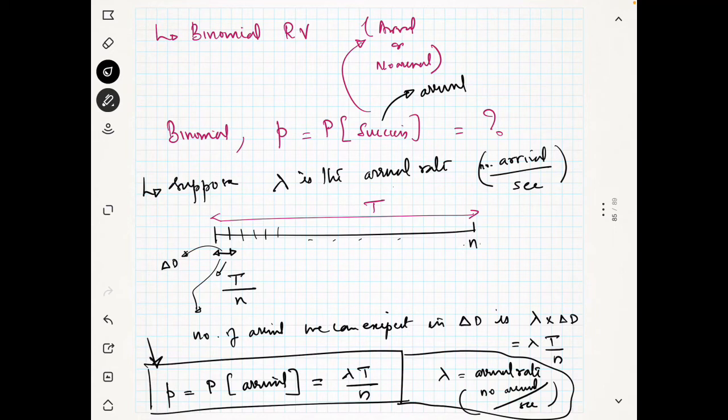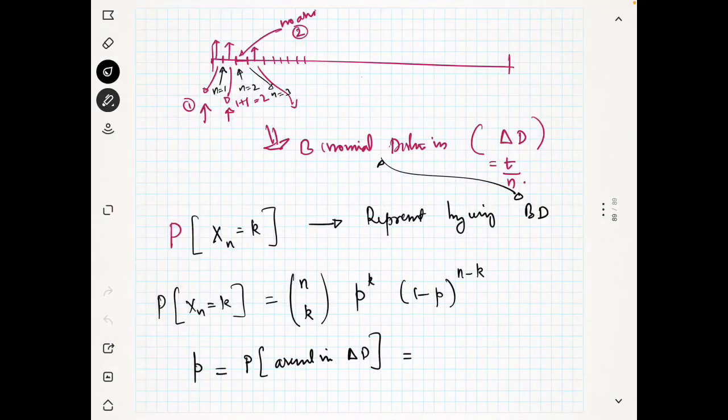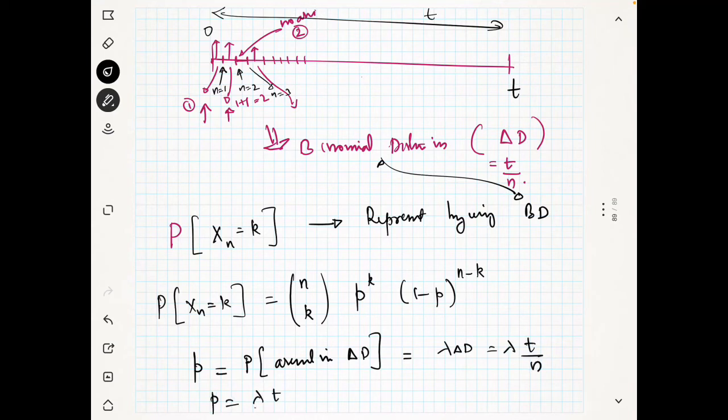So this t by n is the duration of the block. I have shown you the total duration was t, but in our case the total duration is small t, starting at 0. So the block duration is t by n, and the probability of arrival is lambda into the block duration, which is lambda into t by n. So our p is nothing but lambda t by n. I hope this part is clear to you.